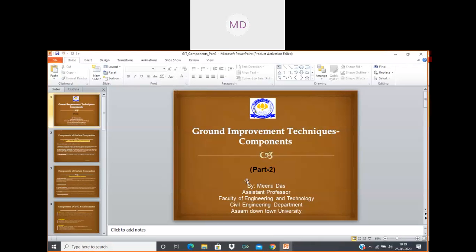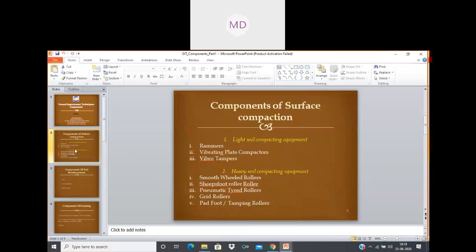Before also I have told you that there are various components for applying the various techniques. So now we are going to study about these components a little bit. So first here it is components of surface compaction.